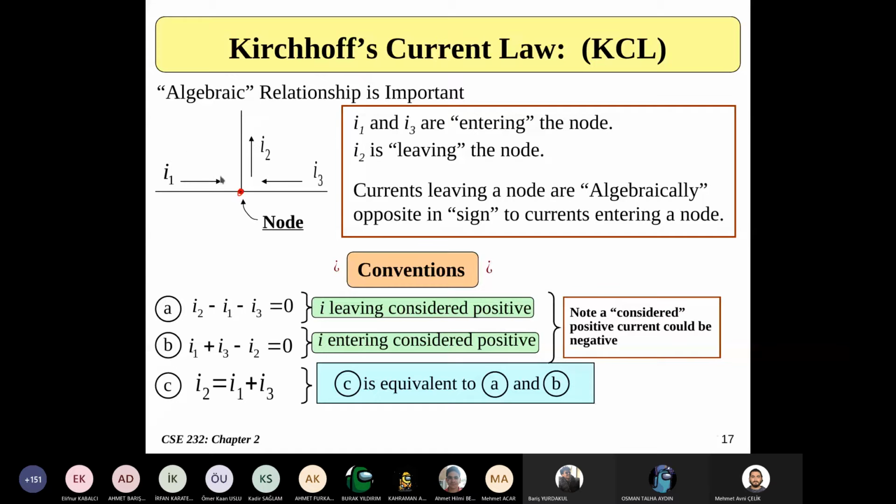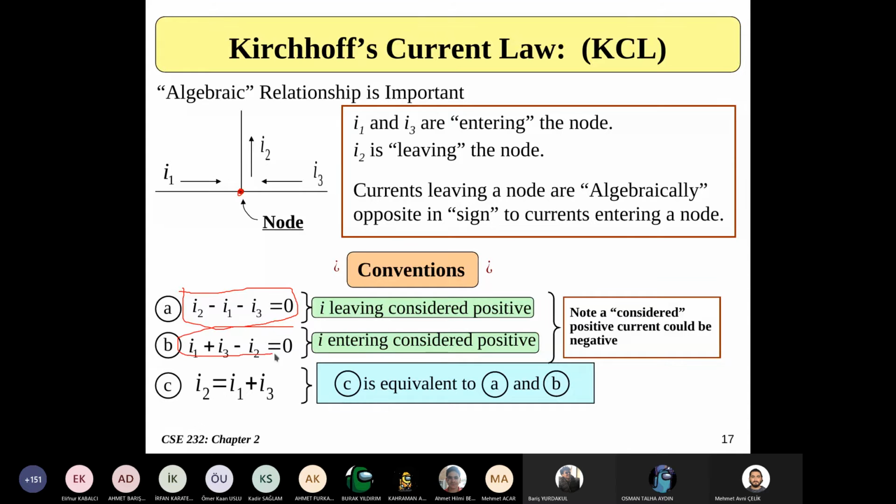In this example, I1 plus I3 should be equal to I2. Or nodal representation says that I1, I2, the positive currents leaving the node, minus the ones that are coming into the node, should sum up to 0.